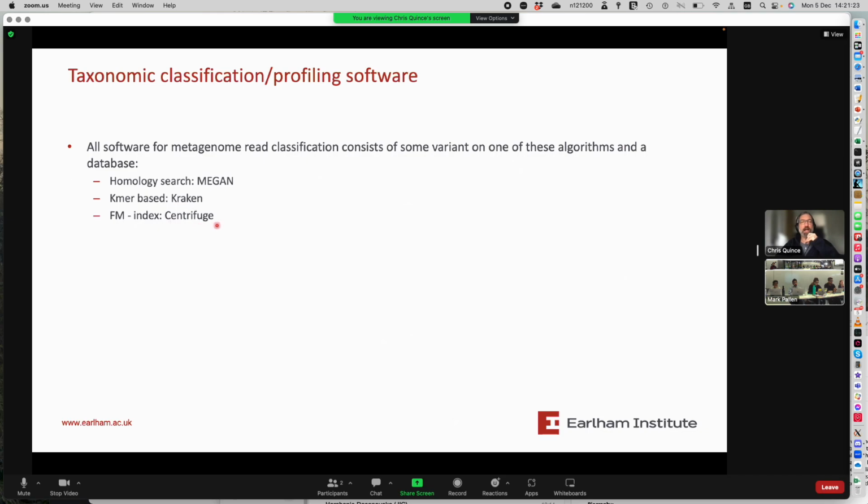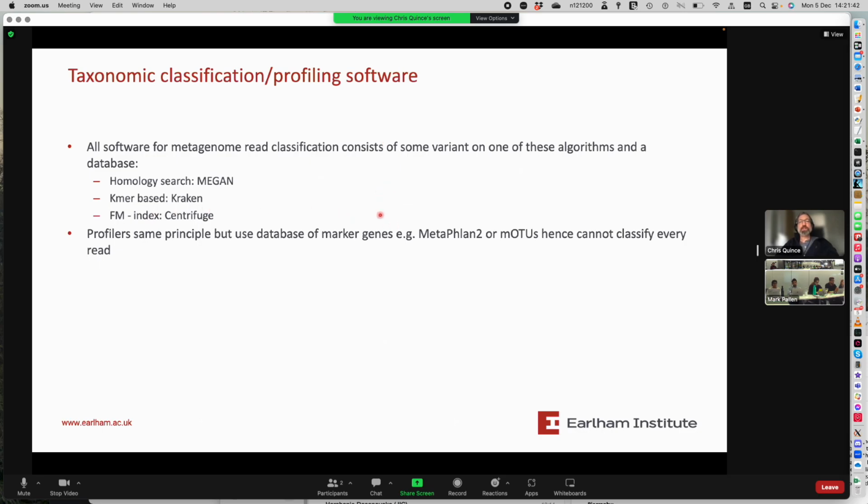Yeah, and I haven't used it. We don't use this much because I think Kraken is generally better. But there's a program called Centrifuge, which is using its own form of mapping based on an FM index, and I guess coupled with the RefSeq database.